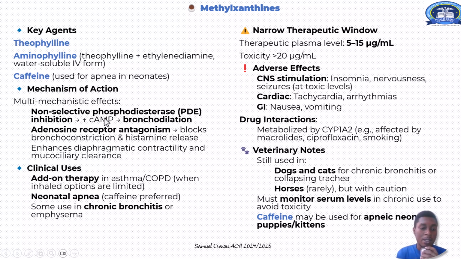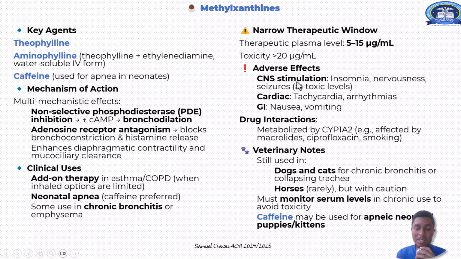They are add-on therapies. We never use them alone, and mostly they are not used in practice. But if you are having some kind of neonatal apnea, then you would want to give theophylline, which contains caffeine, so you can give that, but mostly we give caffeine, and some are also used in chronic bronchitis as well.